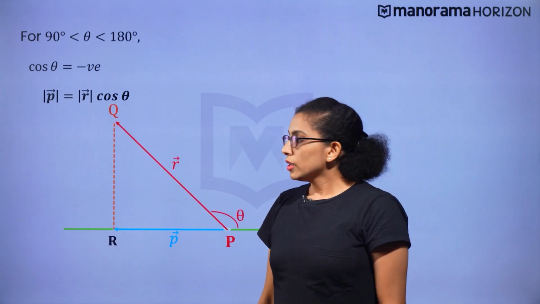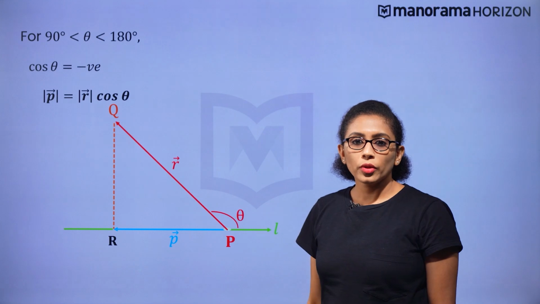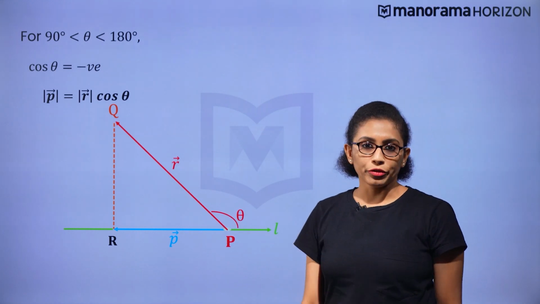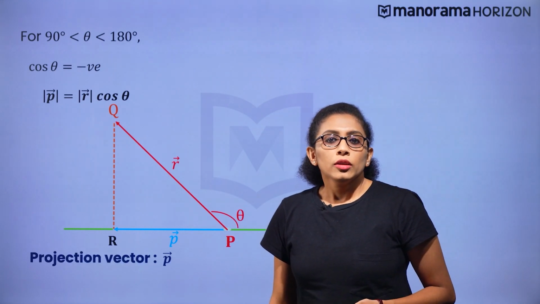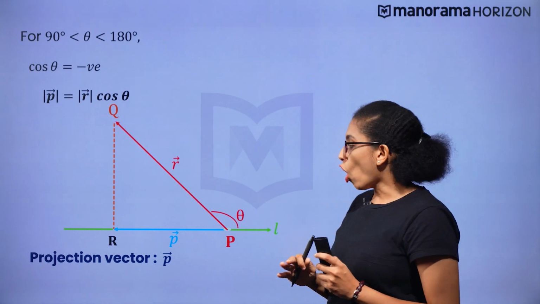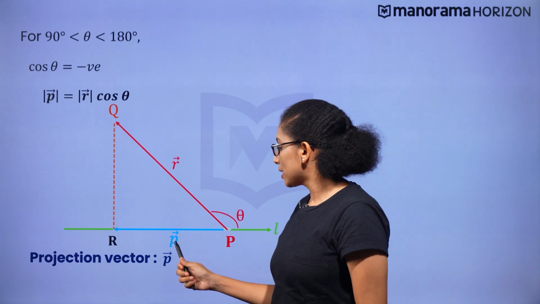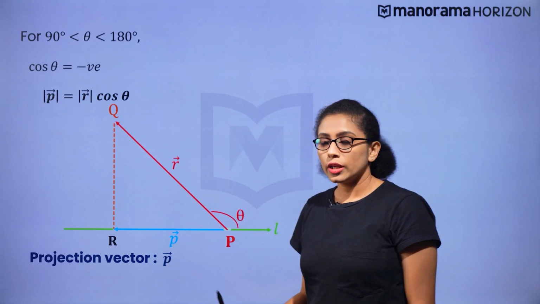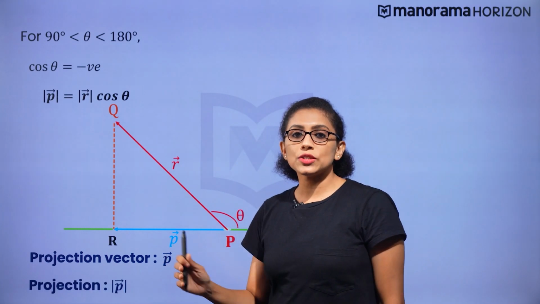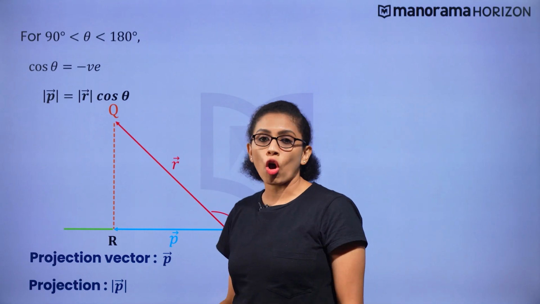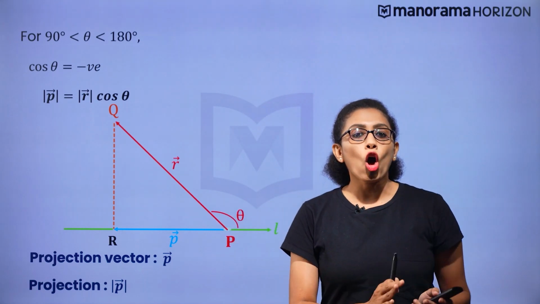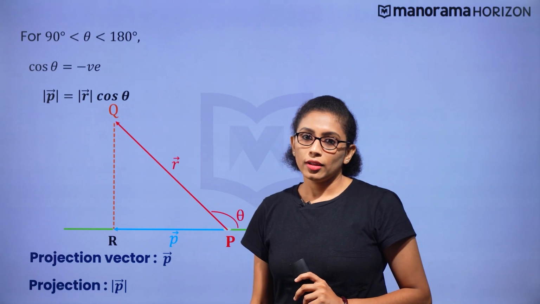Alright? And this is a figure when theta is negative. The vector P along line L is called the projection vector, that is P. Now the magnitude of this vector P is called the projection of vector PQ along the line L.